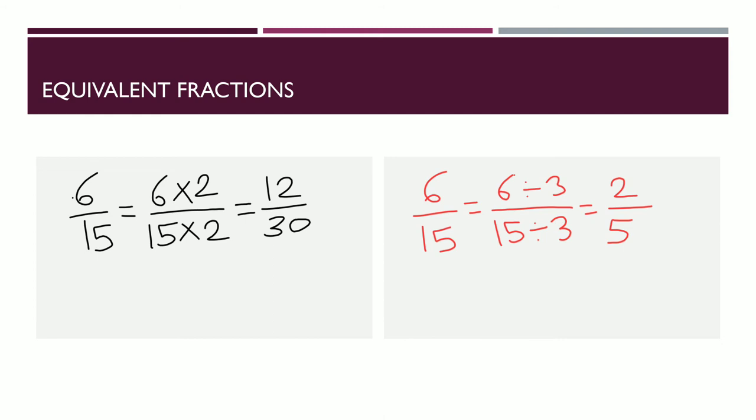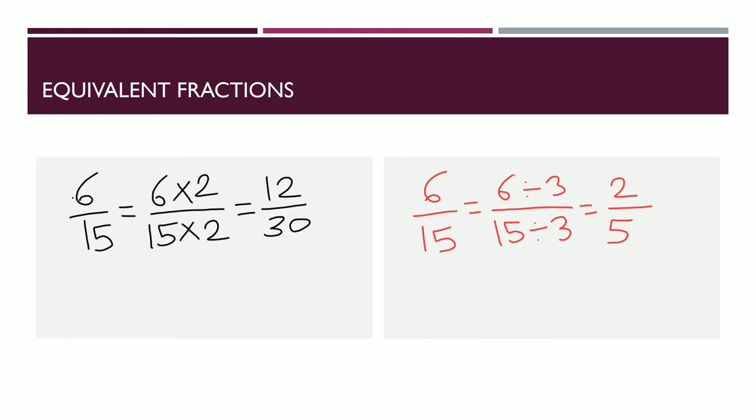How to get equivalent fraction of 6 upon 15? For getting equivalent fraction, we multiply 6 by 2 and 15 by 2, the same number. We get 12 upon 30. 12 upon 30 is equivalent fraction to 6 upon 15.